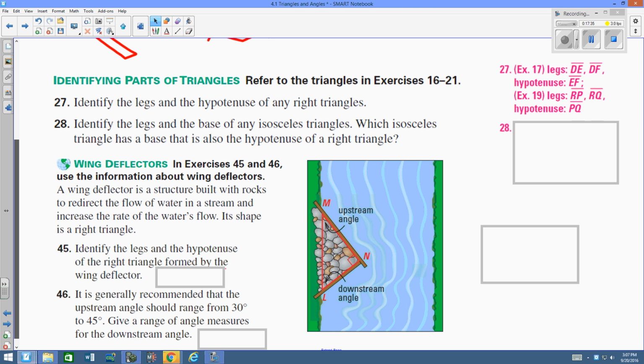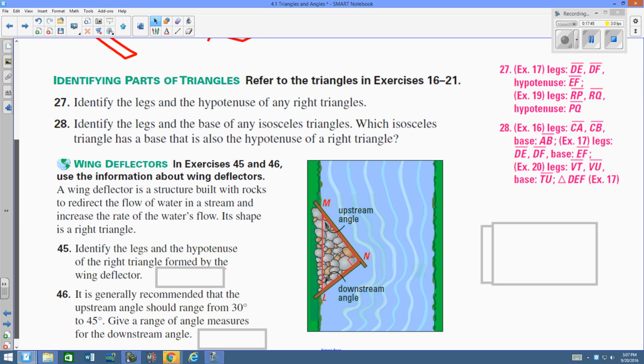28, identify the legs and the base of any isosceles triangles. Which isosceles triangles have a base that is also a hypotenuse of a right triangle. So problem 16 was an isosceles triangle. CA and CB were the same, and AB was the different one, or the base. 17 was a right triangle and an isosceles triangle.